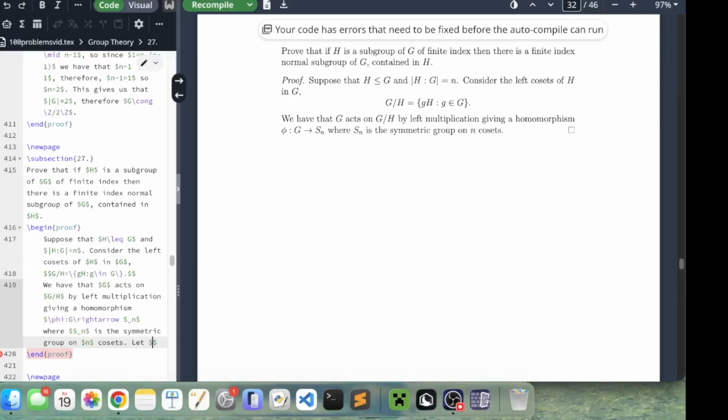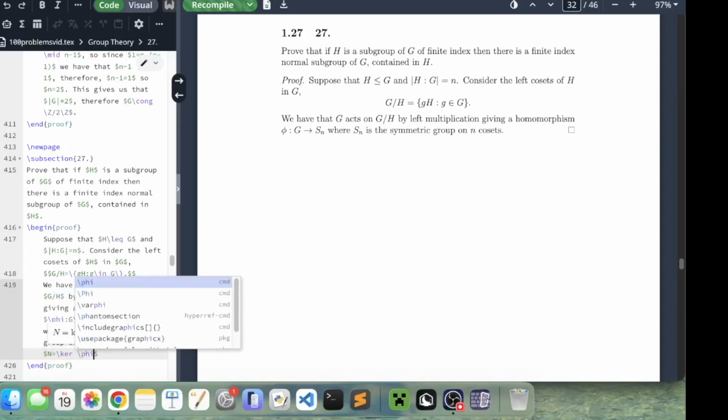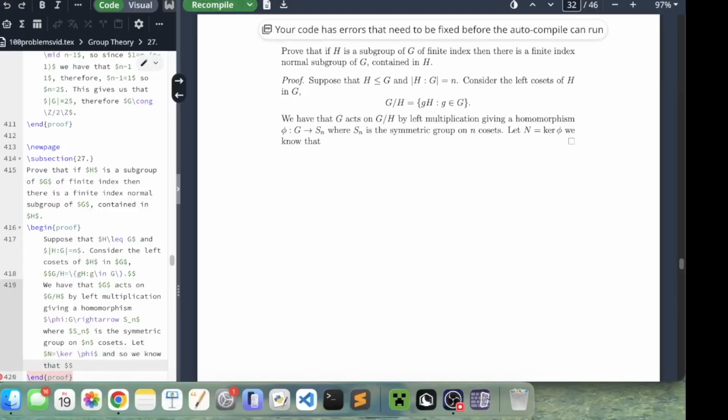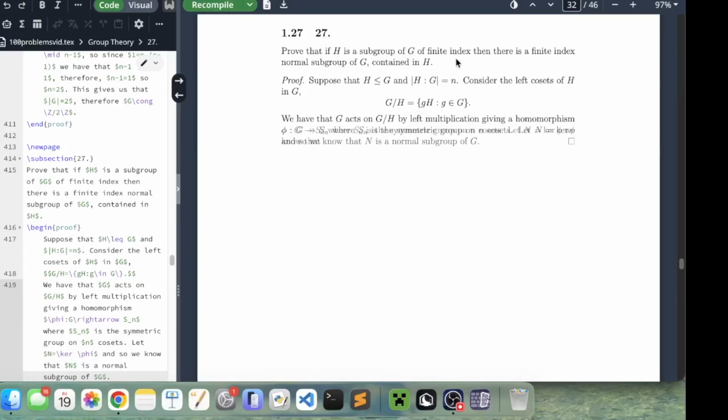We're going to let N be the kernel of our map. We know that N is a normal subgroup of G. So it just remains to show that N is contained in H and it has finite index.